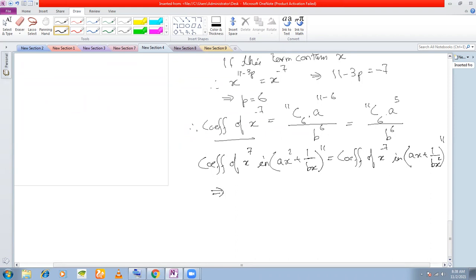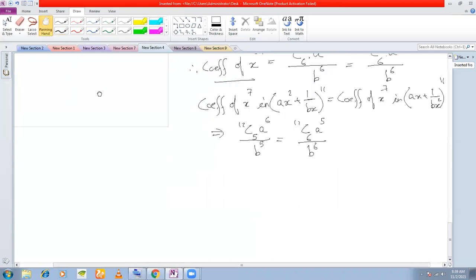So what are the coefficients that we have found out here? 11c5 a to the power of 6 divided by b to the power of 5 is equal to 11c6 a to the power of 5 divided by b to the power of 6. Okay. So you need to solve this equation and get a relation between a and b.